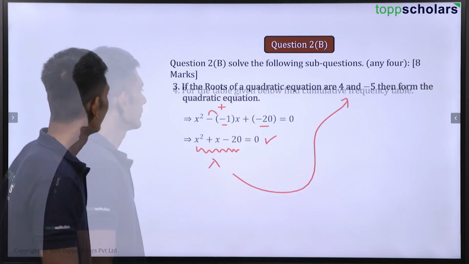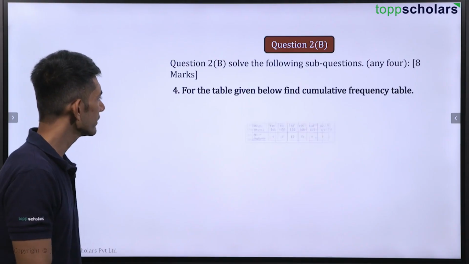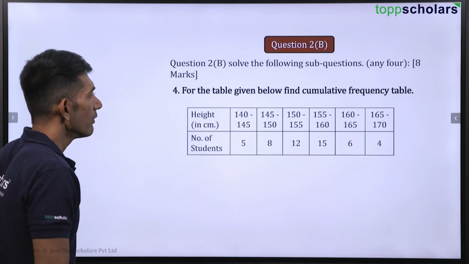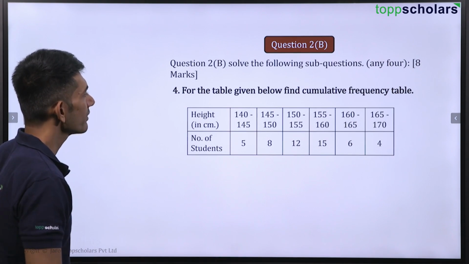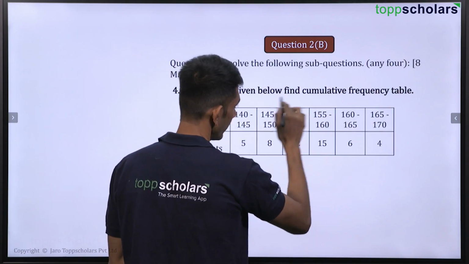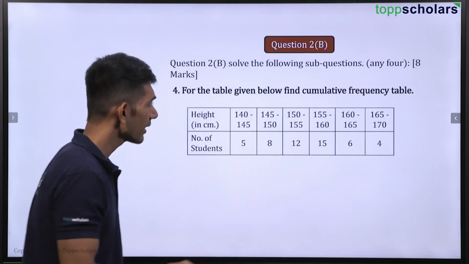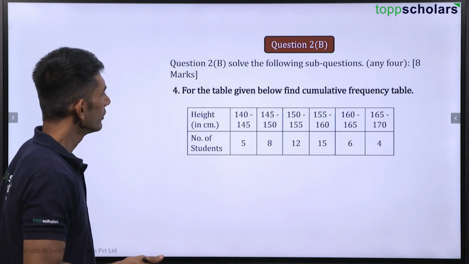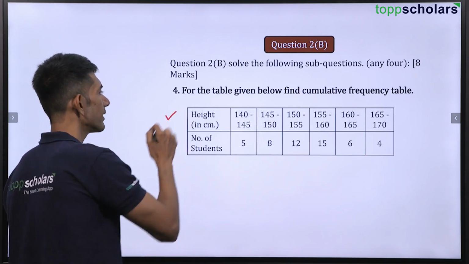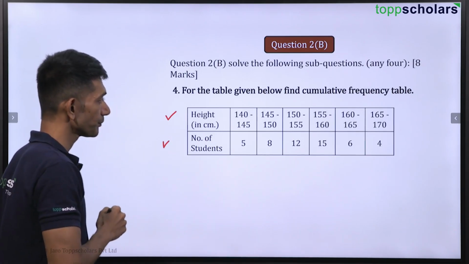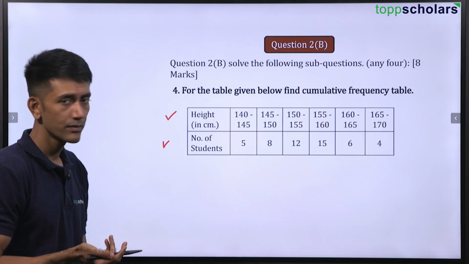Correct? So let's have a look at a new question. Now it says, for the table given below, find the cumulative frequency table, or rather than saying find, you can say write down or perform a cumulative frequency table. So what is given? The heights of the children are given and the number of students are also given, correct?